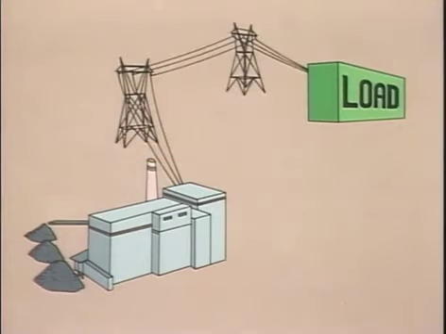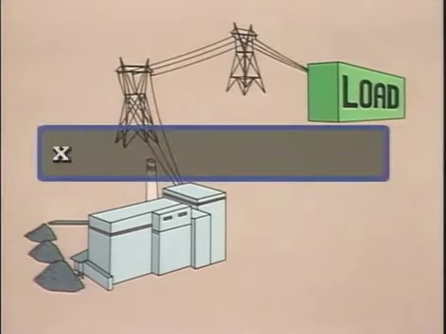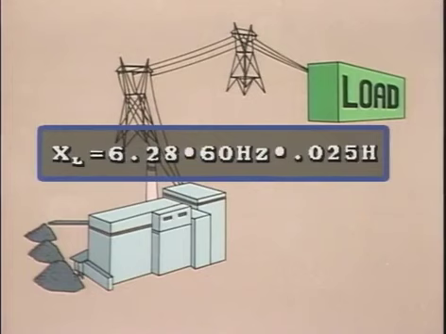Now we can solve the equation for inductive reactance. X sub L equals 2 pi times F times L. Substituting in the values, the equation now reads X sub L equals 2 times 3.14, or 6.28, times frequency, 60 hertz, times inductance, 25 millihenries, or 0.025 henries.